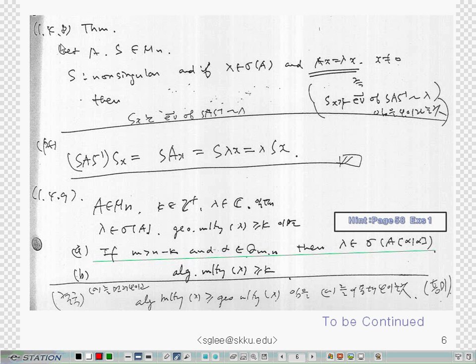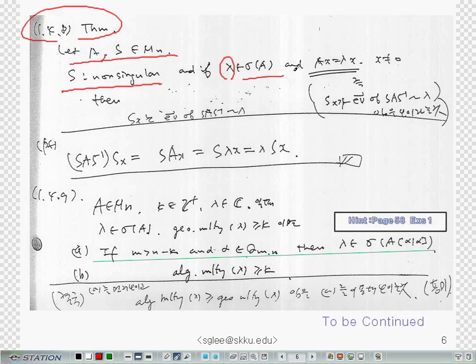Okay, next theorem. Let A and S be n by n matrices, and S is a non-singular matrix, and lambda is an eigenvalue of A, and x is a corresponding eigenvector.